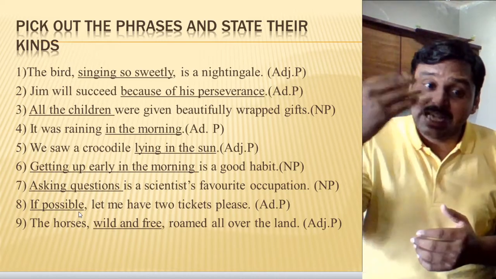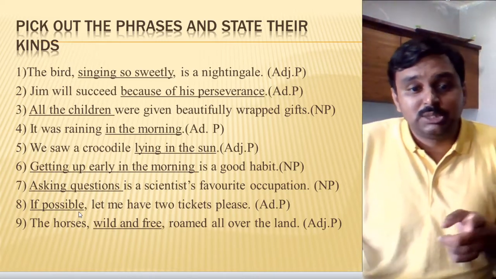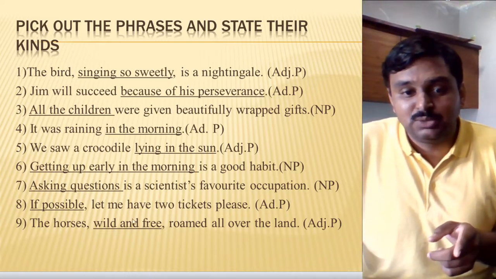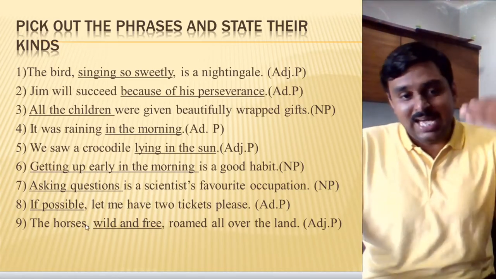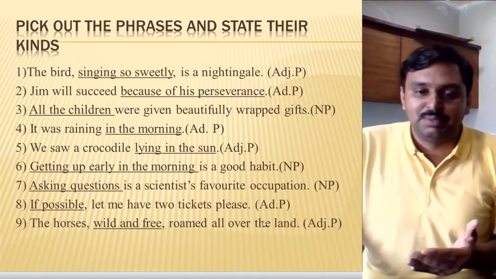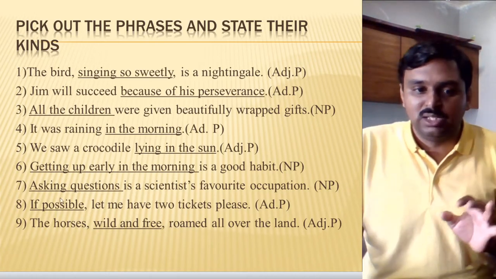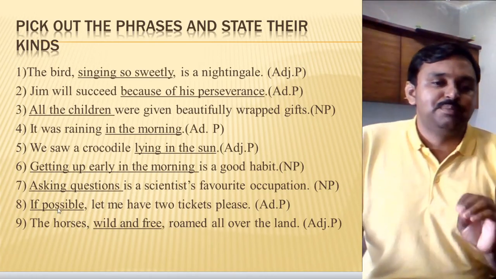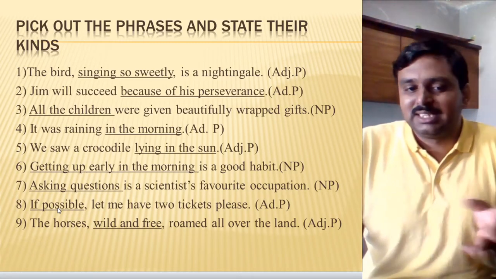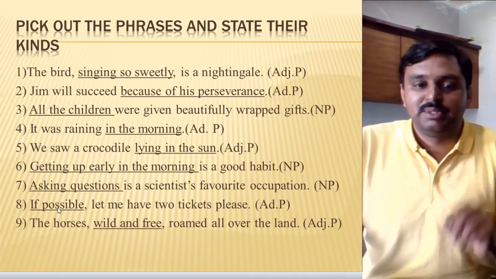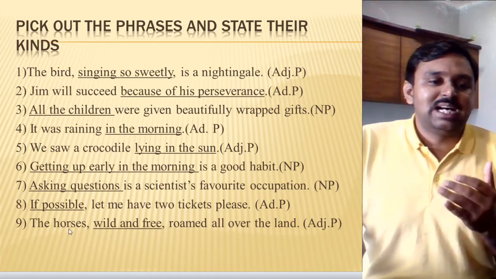If possible, I will get 2 tickets. So the action is described by the words if possible, and for that purpose it becomes an adverb phrase. Whenever you find the words if possible or as early as possible, these words are describing an action. Remember this, very important.